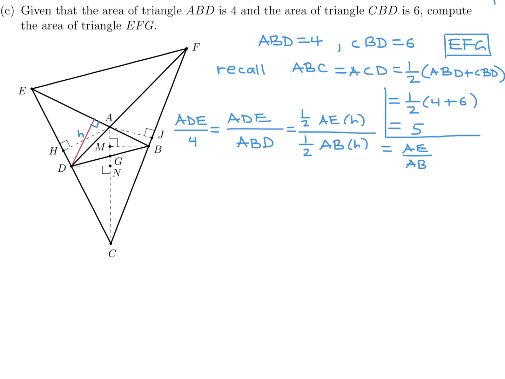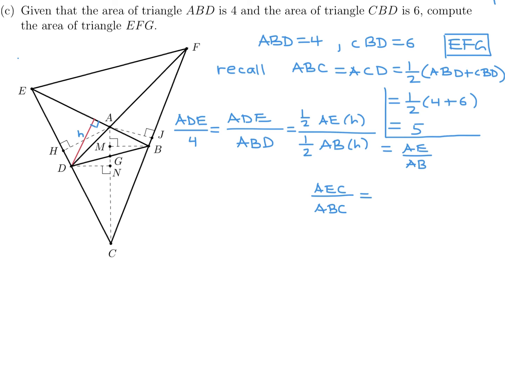Okay? Now, we can get a very similar relationship if we compare two other triangles, and that is AEC and ABC. So where's AEC, first of all? AEC is this big one, AEC. And ABC is this one right here.